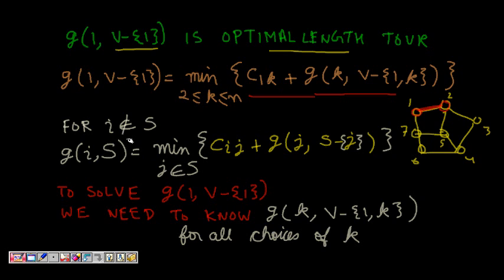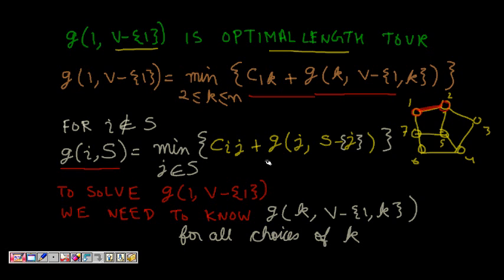And then what happens is, now we can generalize. So G(i, S) that we had defined is a path starting at node i, covering all the nodes in set S and going back to 1.